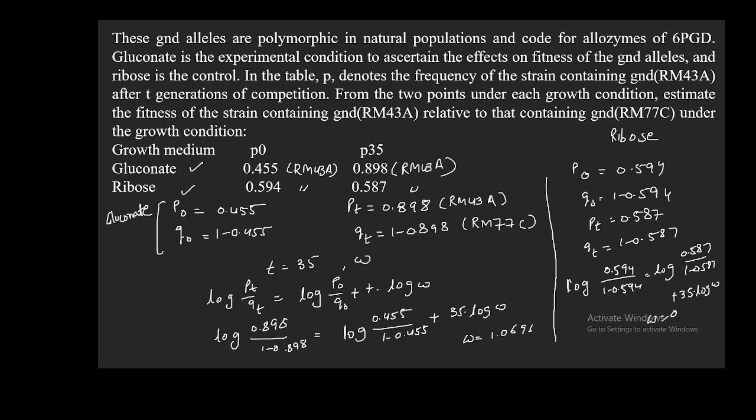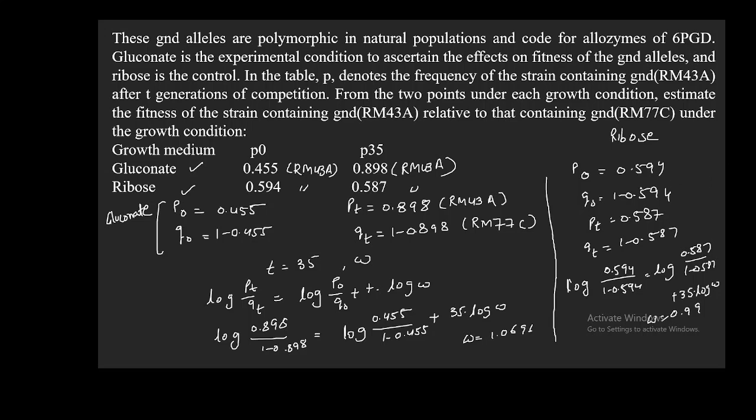will get like 0.999. So you can see that this particular genotype, or the bacterial cell that contains this particular genotype 43A, will be more fit because the relative fitness is higher in the gluconate media. So the bacterial cell that contains this genotype will be more fit if you are growing that bacterial cell in the presence of gluconate media.